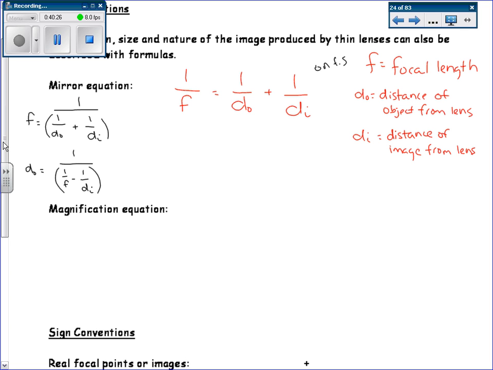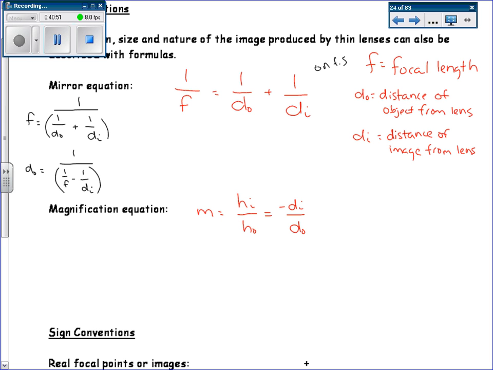Anyway, the magnification equation is magnification, which is M, equal to HI over HO, which equals negative DI over DO. DI is still the distance of the image from the lens, and DO is the distance of the object from the lens.